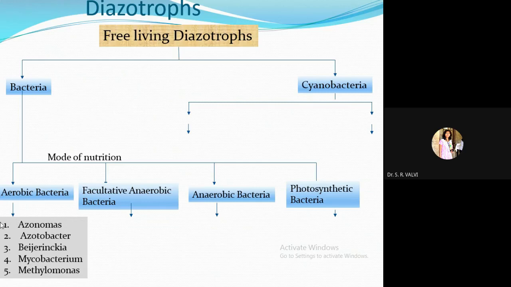Getting? So likewise, please do remember these things, and this is not only for my further explanation. This is very helpful in your NET SET preparation. So which kind of bacteria is categorized in which group.